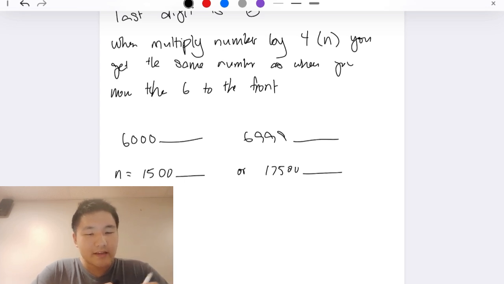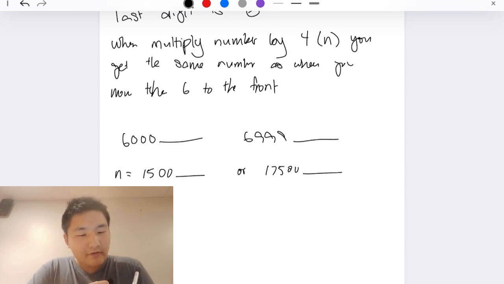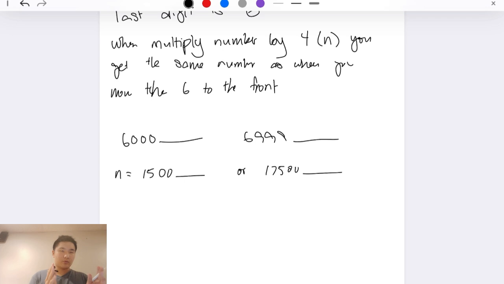So what this tells me is n has to be within 1500, whatever, and 17500, whatever. What this also told me was, because I'm moving 6 to the front and every digit shifts back one place, it would become 615, whatever, to 6175, whatever.